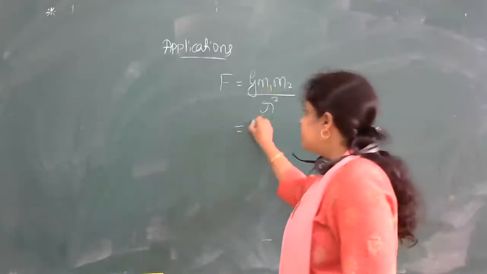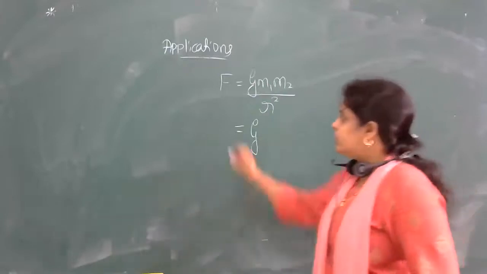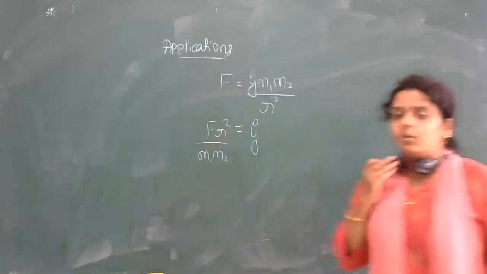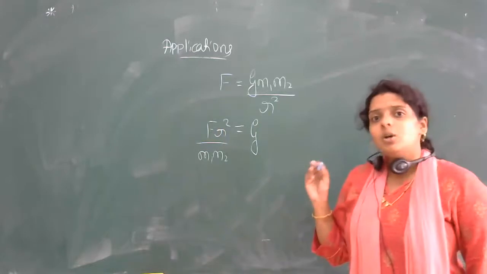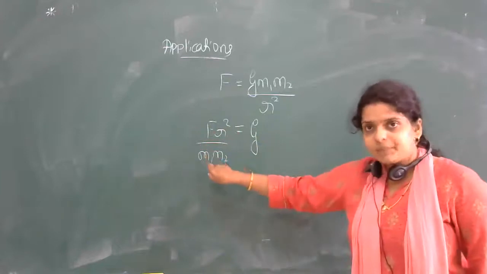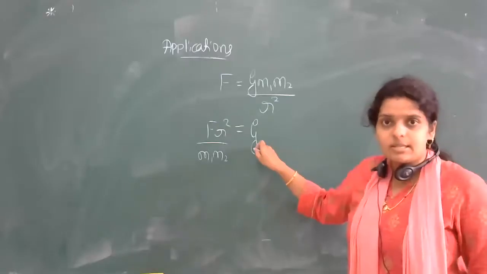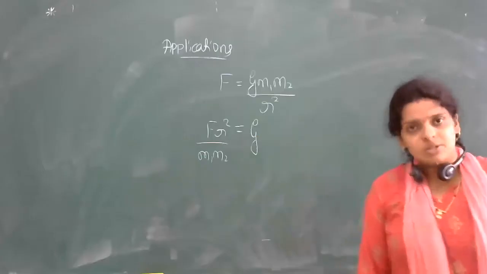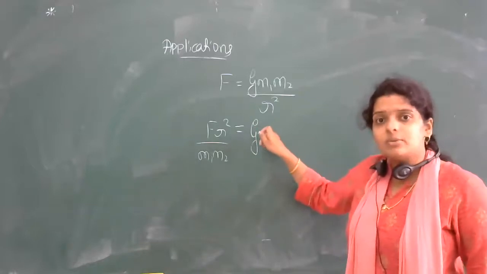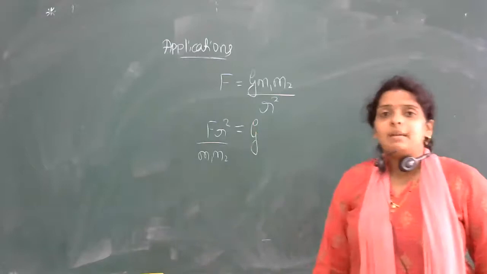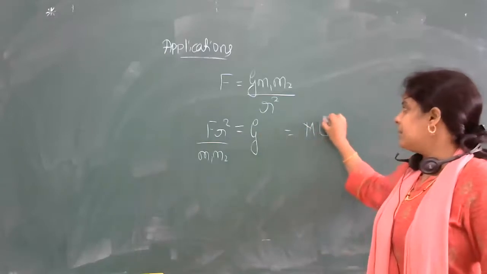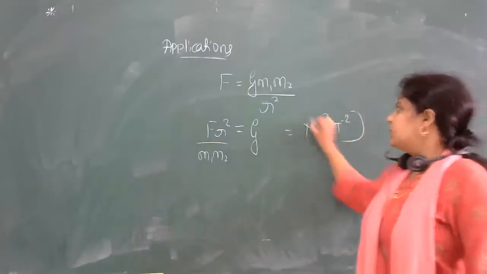Simplify this equation: G is equal to F r square divided by m1 into m2. G is a universal constant, the universal gravitational constant. So dimension formulas of constants can also be calculated by dimension analysis. You already know it is M L raised to 3 T raised to minus 2. Correct, no?